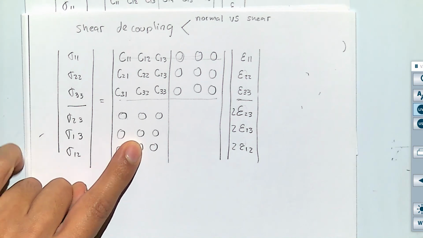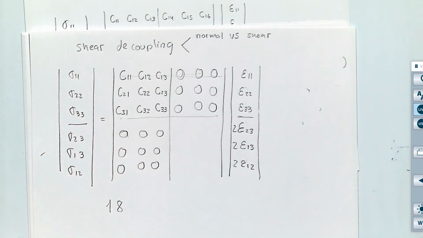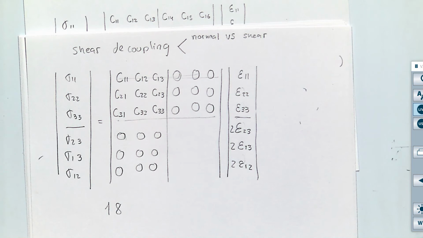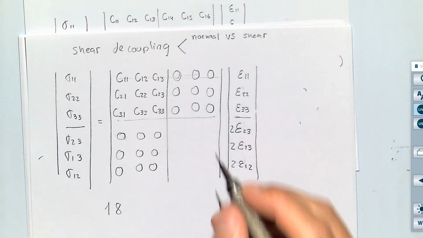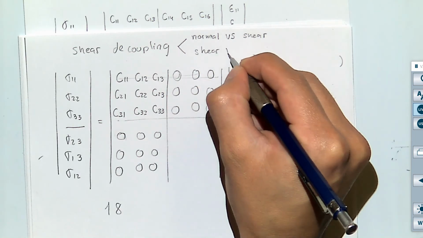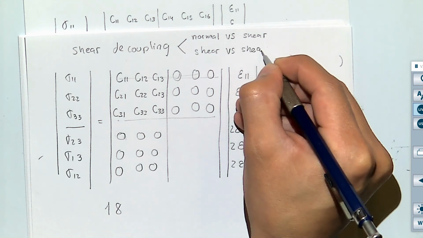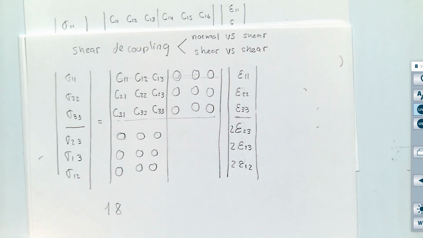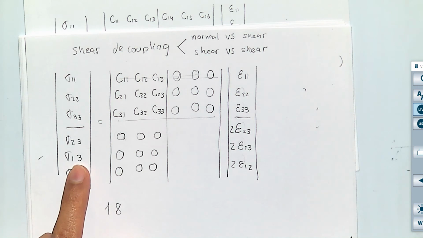Now I'm going to go to the next step, which is going to be the shear decoupling, but with shear versus shear. Let's do the same reasoning that we did before.